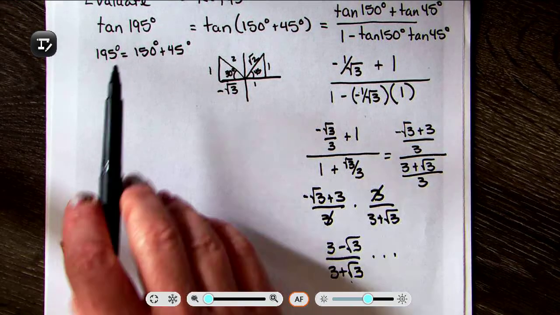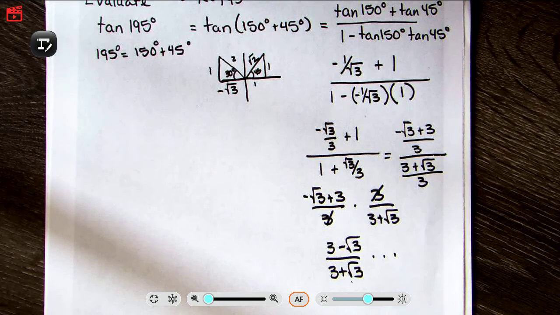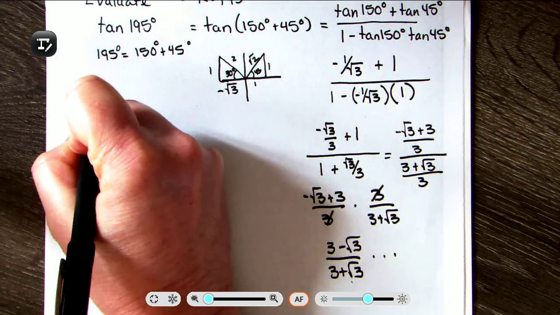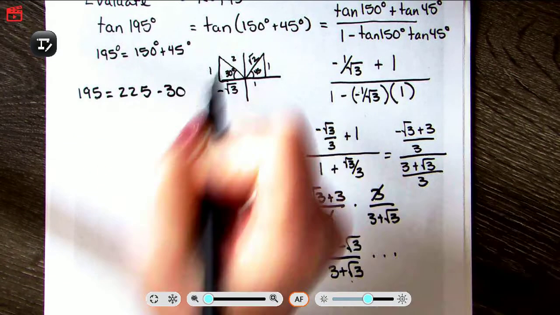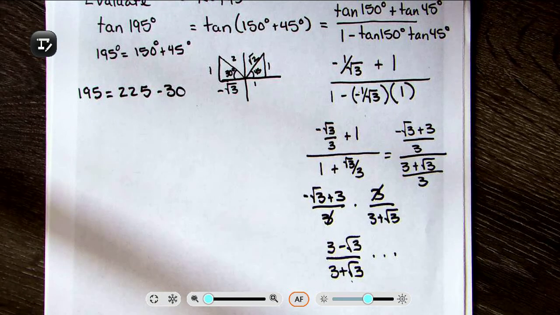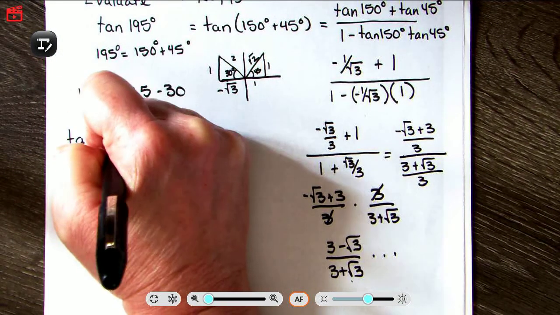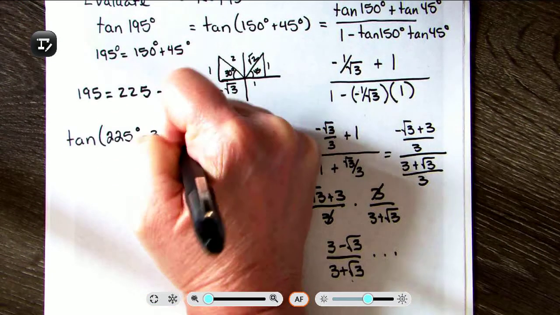So I said I was going to do this one twice. The other way I'm going to write it is to realize that 195 could also be written as 225 minus 30. So I could write this as the tangent of 225 degrees minus 30 degrees.